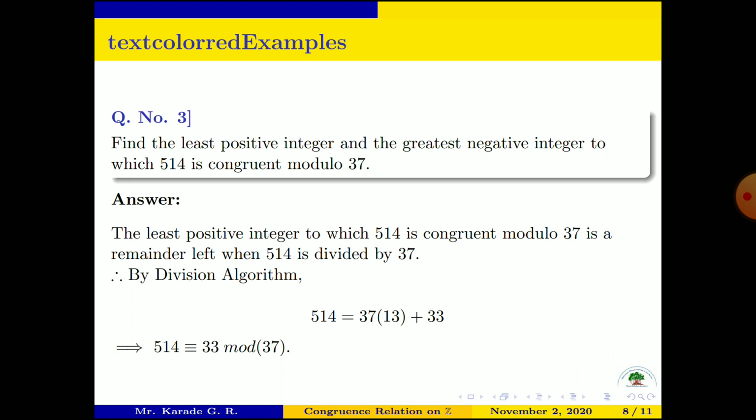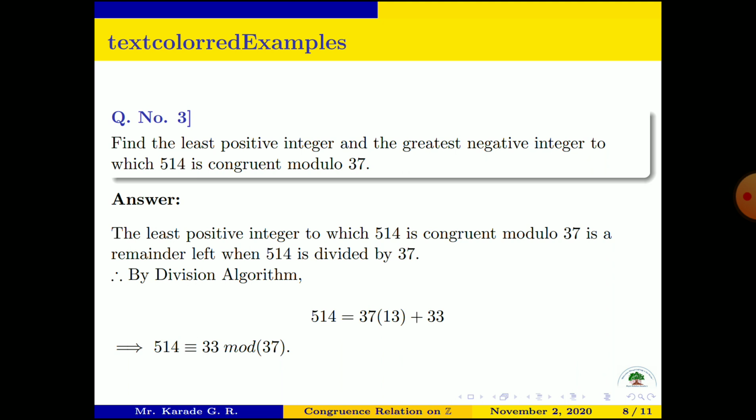So here the quotient is 13 and the remainder left is 33. Therefore, 514 is congruent to 33 mod 37. That is the first part. Now 33 is the least positive integer which is congruent to 514 mod 37.